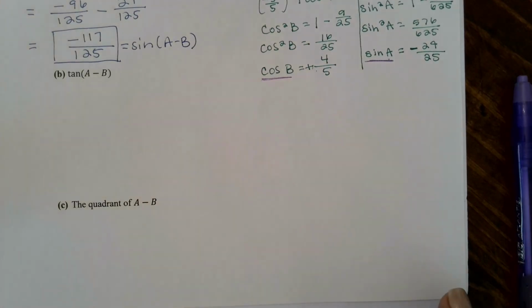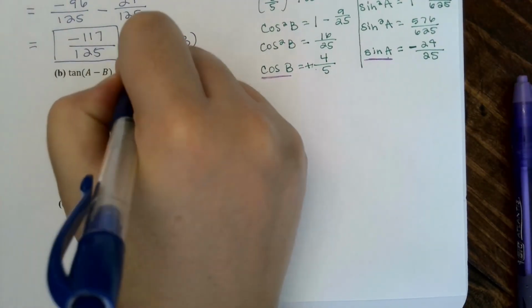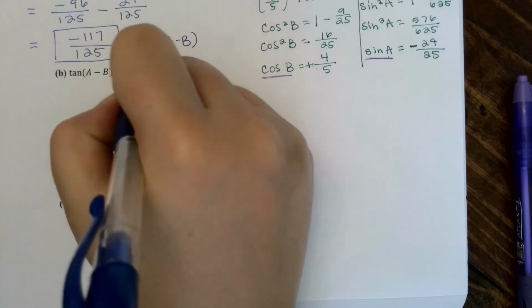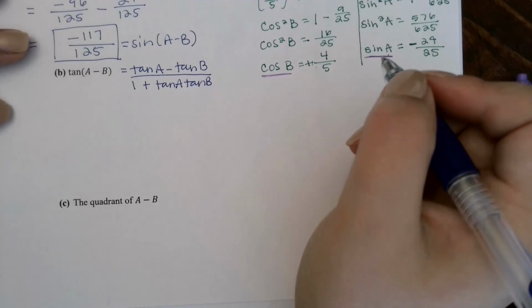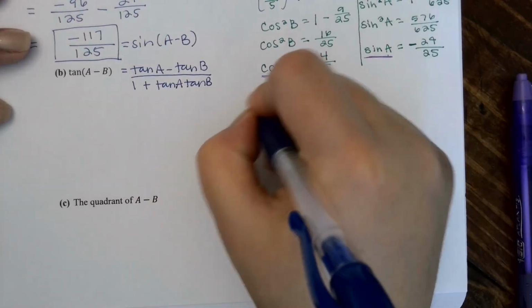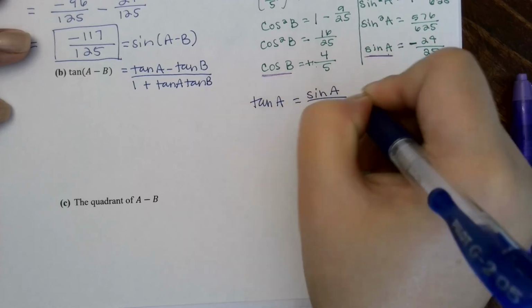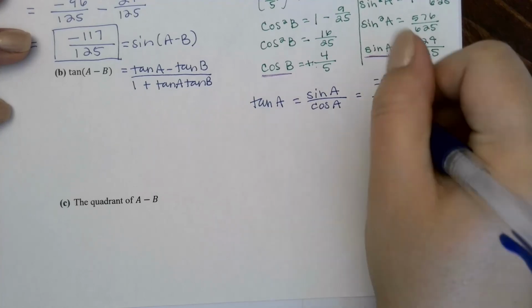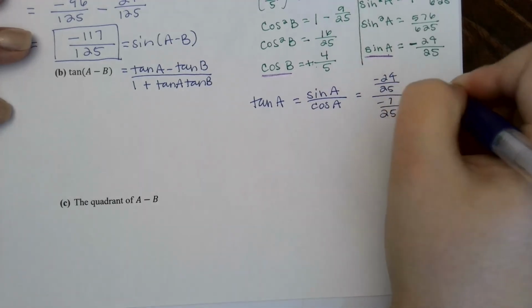For tangent of A minus B, this is the difference identity for tangent. That's going to be equal to tangent A minus tangent B over 1 plus tangent A times tangent B. So we just need to find tangent of A and tangent of B. Tan A is sine A over cosine A, so that's -24/25 over negative 7 over 25, which gives me a positive 24 over 7.